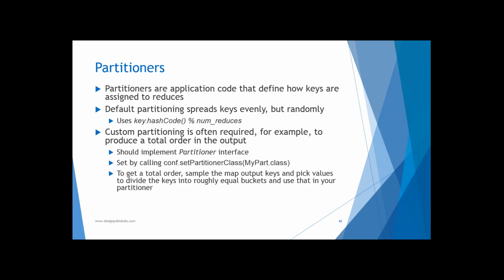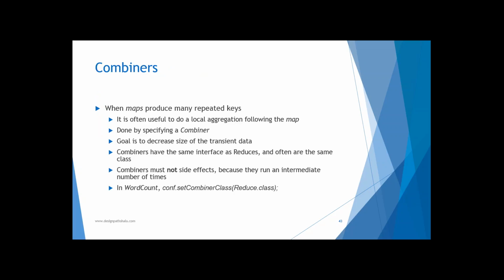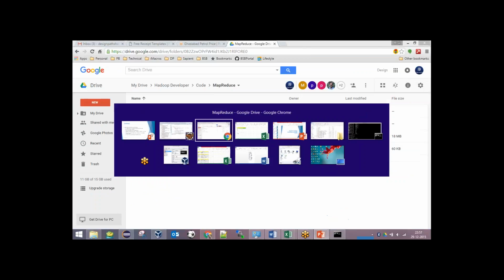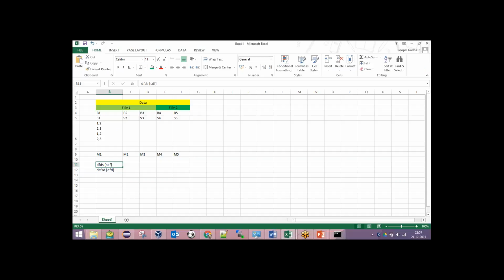So we'll look into the partitioner in a minute. Let's look at the combiner first. On the mapper side, you can see I have two data with key 1 and two data with key 2. Let's say my objective is to get the sum of the values.